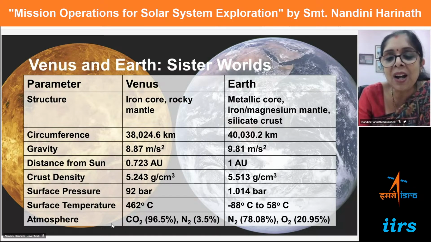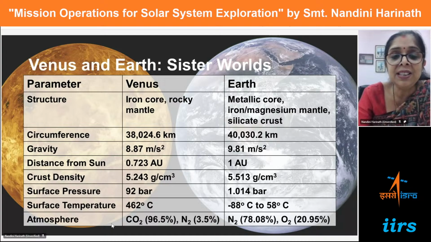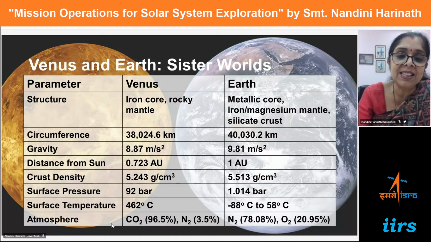Deep down in Antarctica somewhere it could be minus 88, but when you look at the temperatures of Venus, the surface temperature is something like 462 degrees centigrade. If you have to design a satellite for Venus, we need to take care of this aspect, which is extremely hot. And apart from that, there are many more challenges.